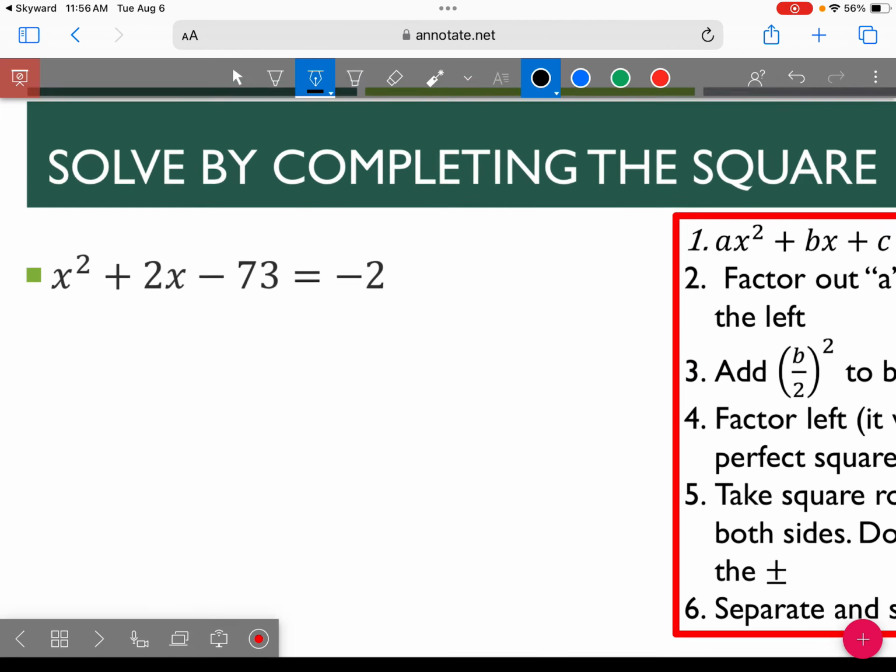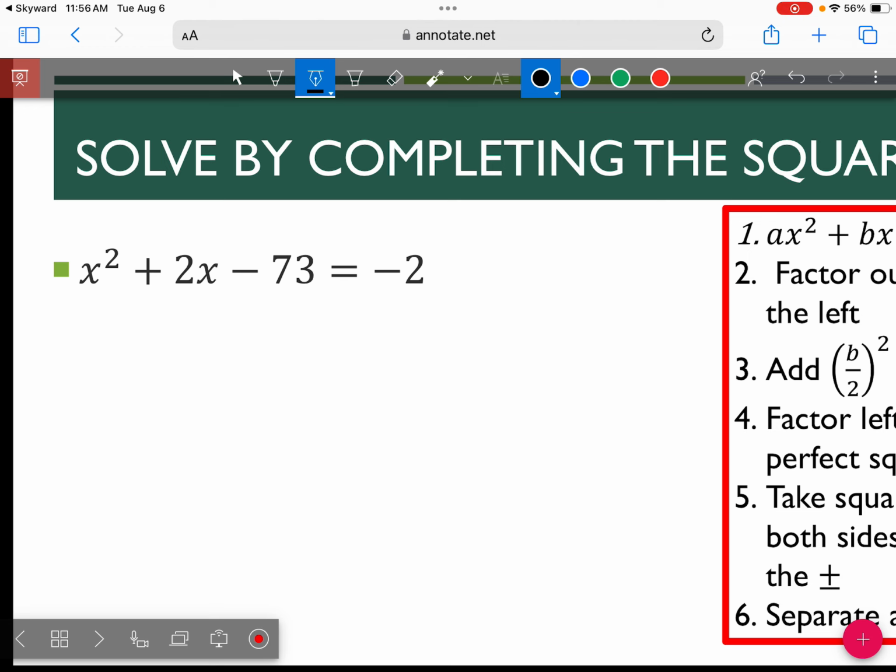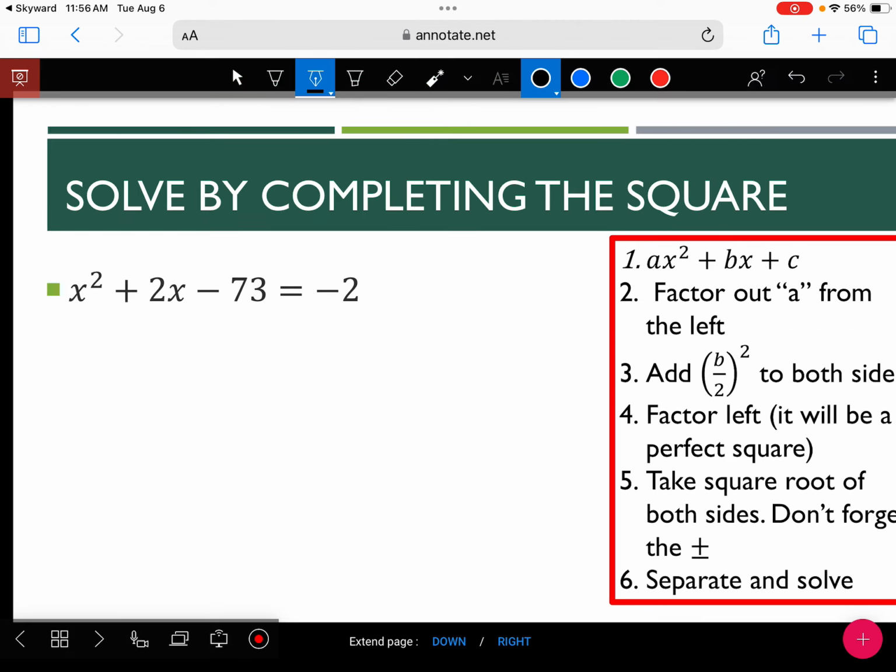All right, let's do it again. Let's look at question B. So let's go ahead and copy this one down. We're going to follow those steps again. So what do you think I'm going to do first?